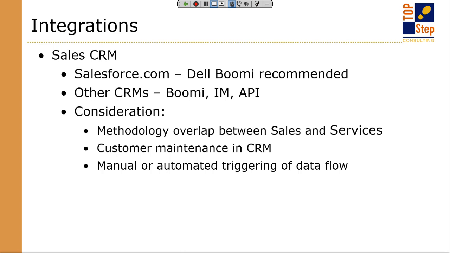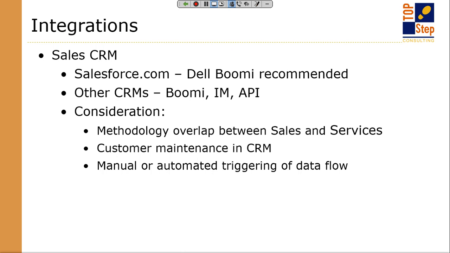Typically, it's maintained in the CRM. How does that work for you? Are you able to do that successfully? And do you want this information to flow automatically? Do you want someone to have to review it before it gets into OpenAir or gets pushed back to Salesforce? How much automation do you want to play into that? Those are things you're going to want to think about on top of how much time do I have to build this, and is it worth the cost?